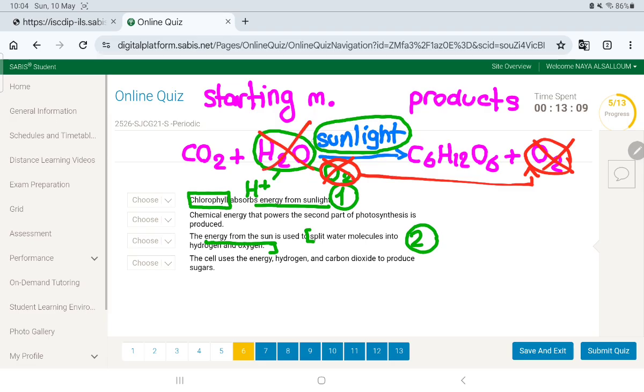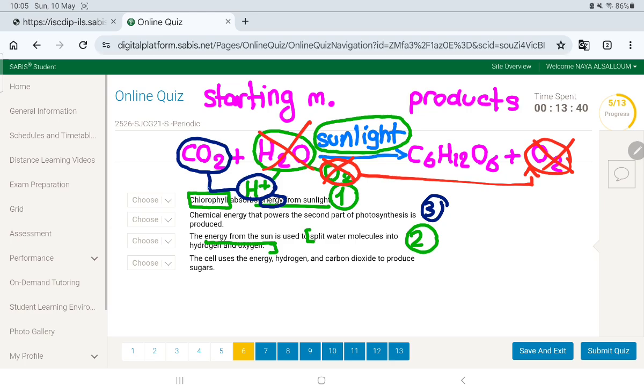And no more water. Now you see this hydrogen ion here? It will combine with carbon dioxide, right? But what happens before that, do you think? When the water split and we got a bit of energy from the sun, then the energy is produced, so we will power the second stage.